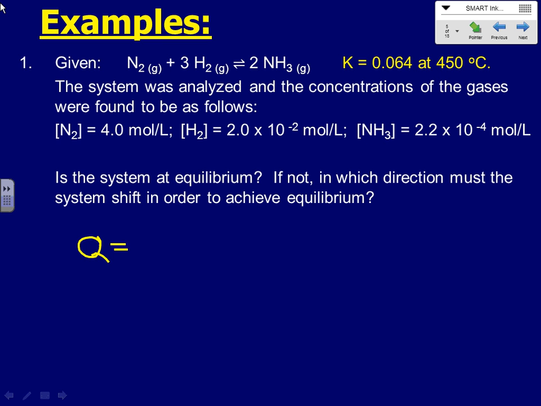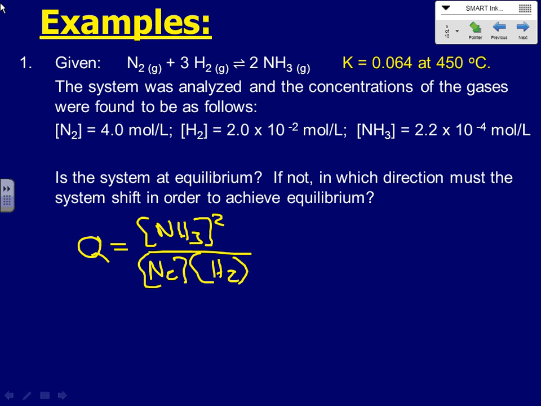We're simply starting with the products, with the exponents, concentration of NH3 squared over the concentration of N2, concentration of H2 cubed. Let's just put the numbers in. 2.2 times 10 to the minus 4, all squared.